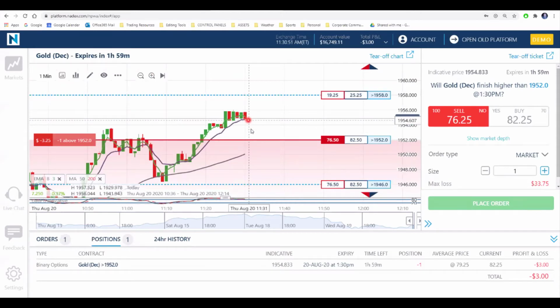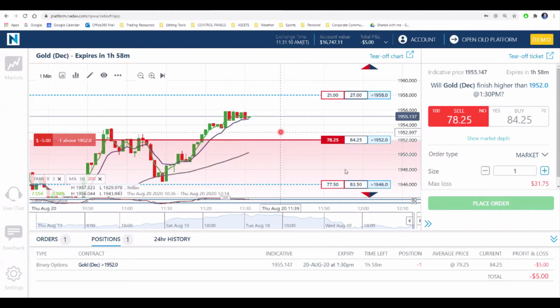I'm waiting for this thing to come down below this level right here. If it closes just one tick under this level, then I'm going to collect $79.25. If it remains above this line, then I lose the $20 that I risked.